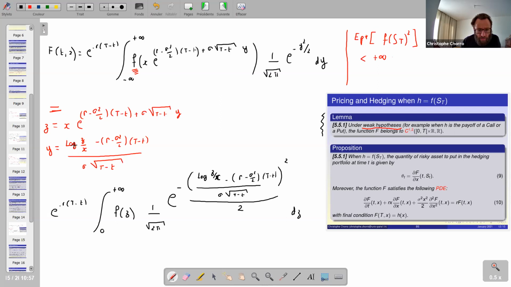So if I have this, I have an extra term maybe here. What is the y here? Yes, what I have written is false, because I have to take into account the fact that I have dy, that is equal to what? dy is equal to 1 over x sigma the square root of capital T minus t.